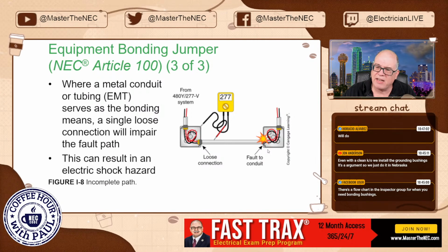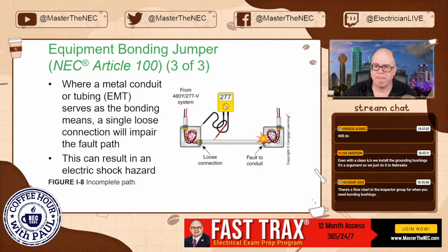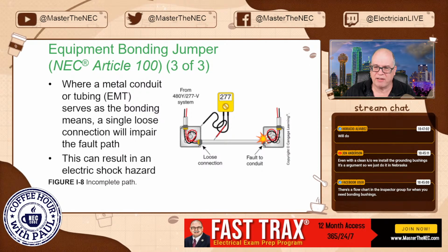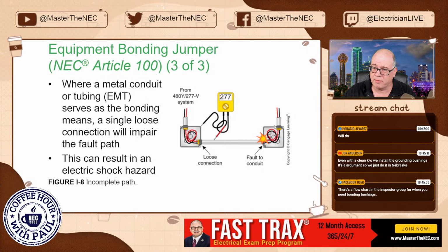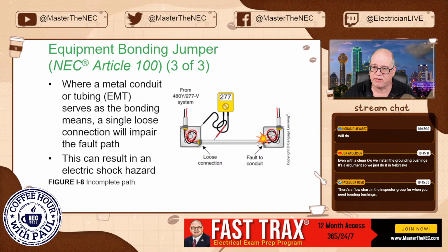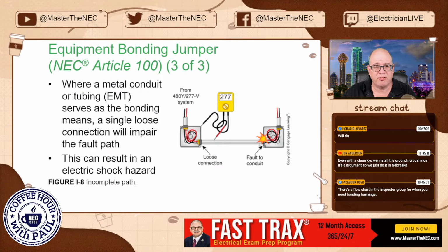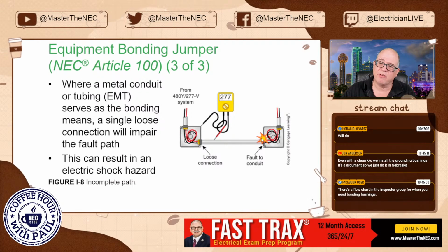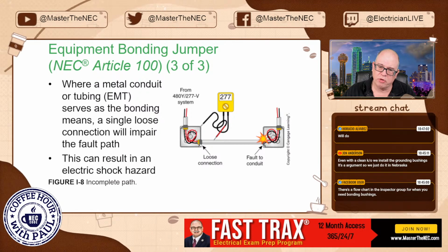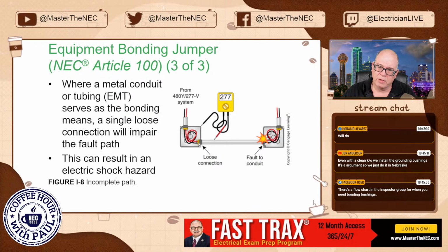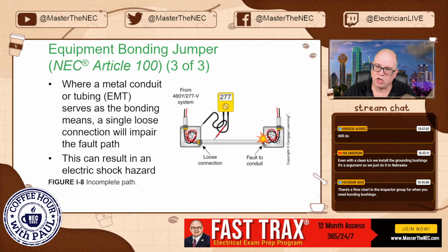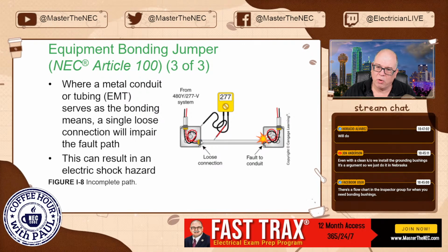If somebody doesn't do it correctly and we have a fault that takes place to, let's say, the box or, in this case, the raceway, let's say it's a rigid, then what happens is the fault takes place here. Now, if there's a loose connection right here, then remember, you're going to have current traveling on this.